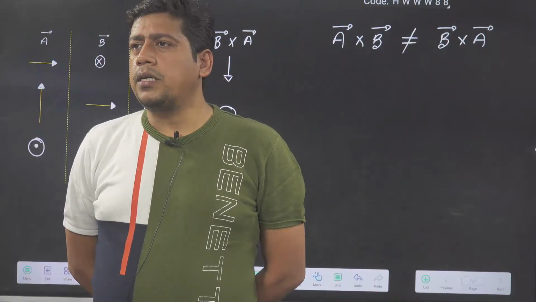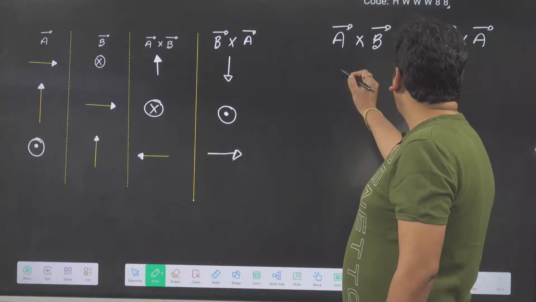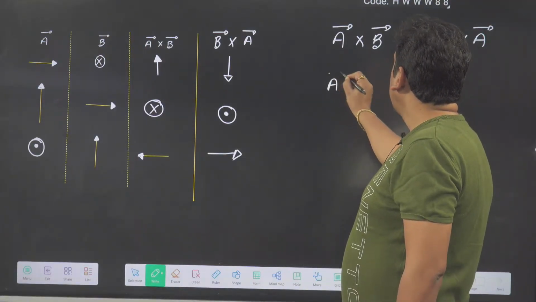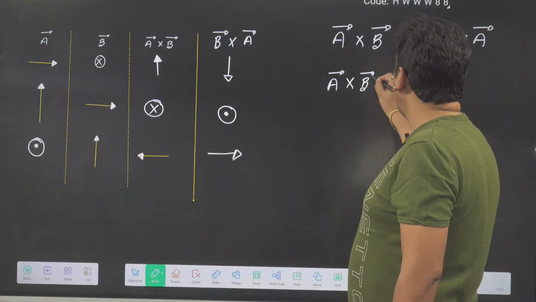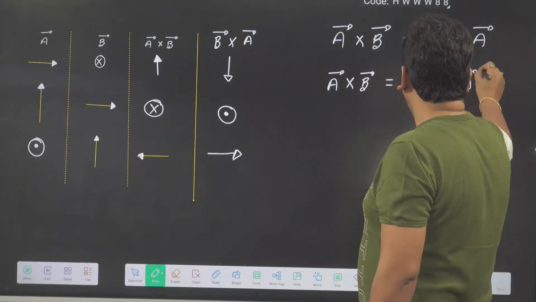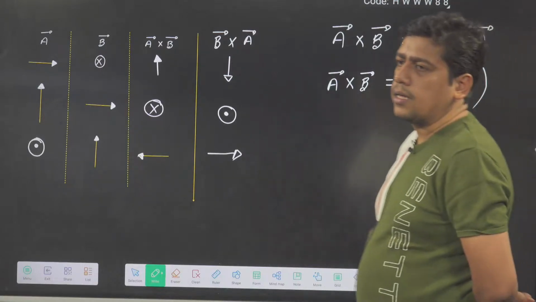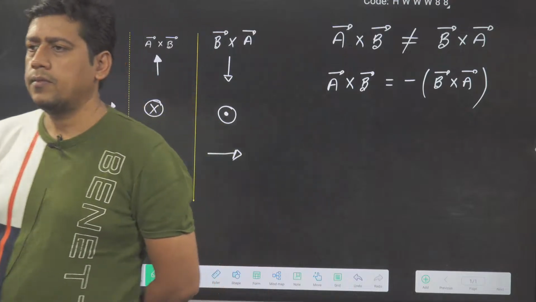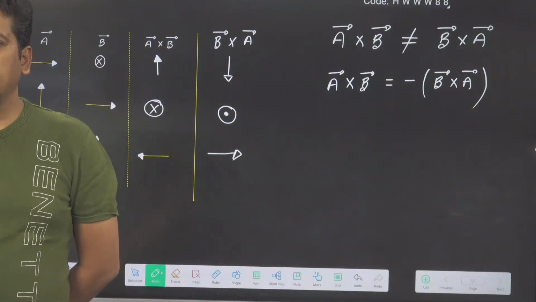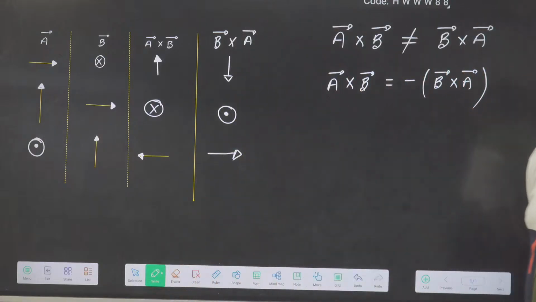But here A cross B is not equal to B cross A. Or you can write A cross B equal to negative of B cross A. Clear?